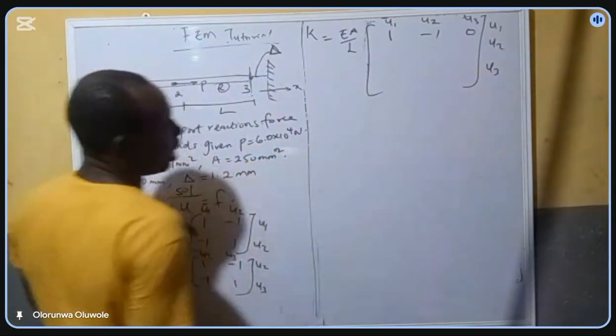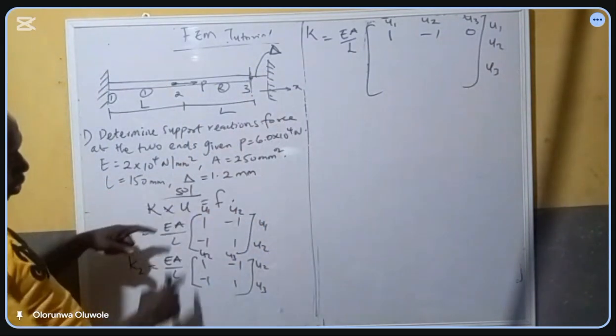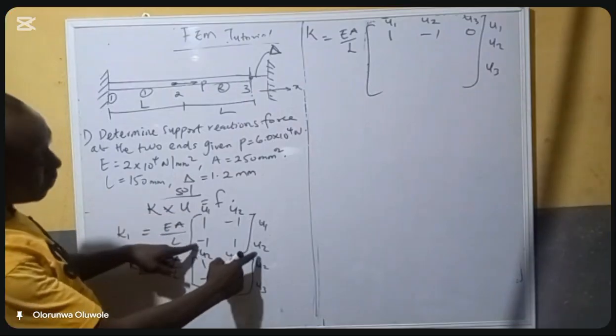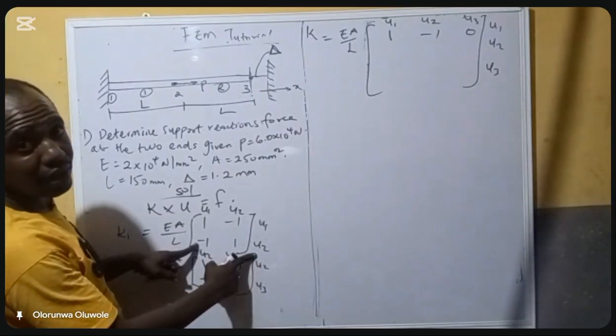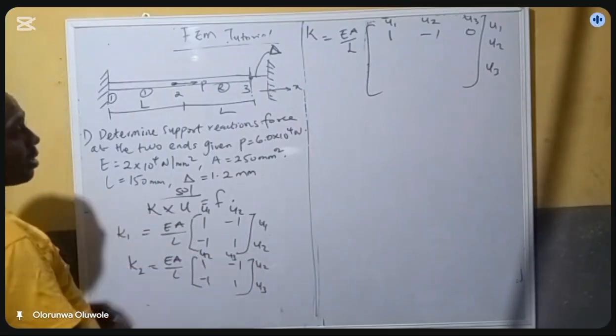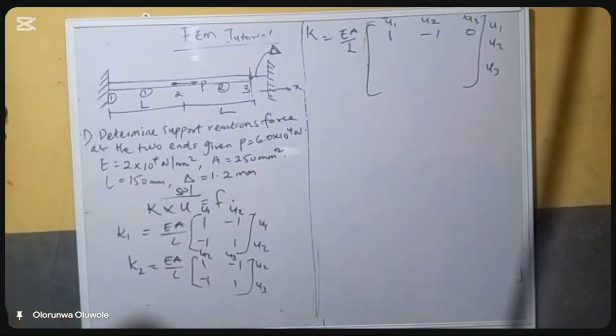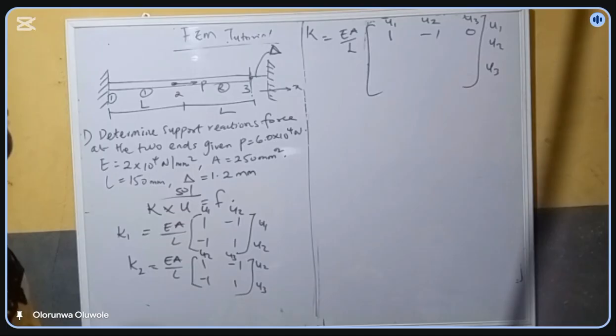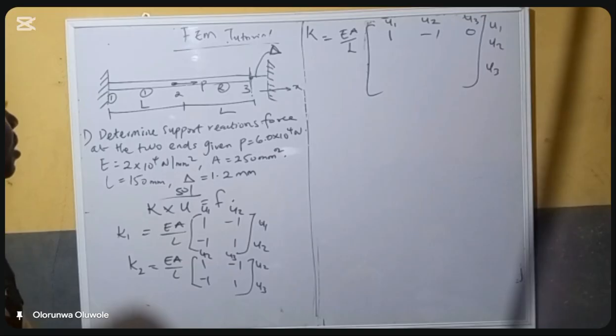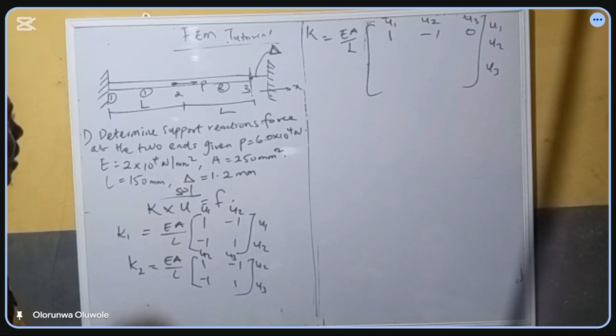Hello, sir. Please, you are solving question two. I don't know the number, but I know there is a question like this there. It's an example inside the material, not in the past question.